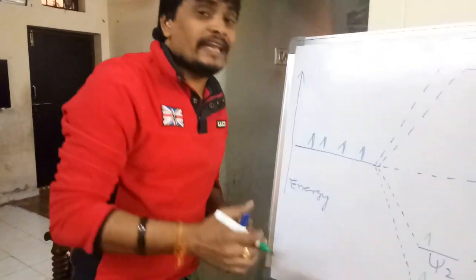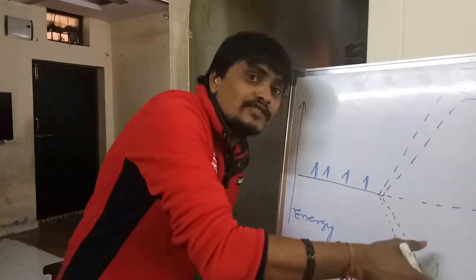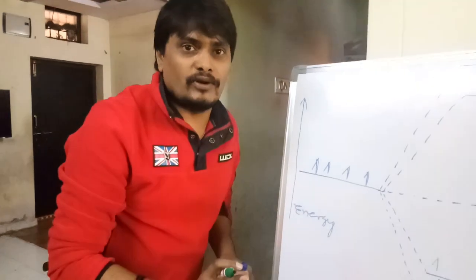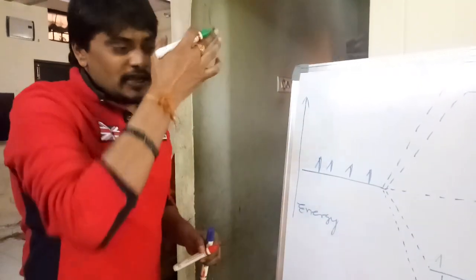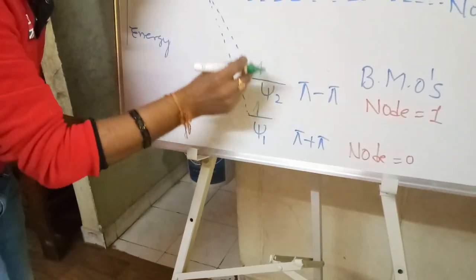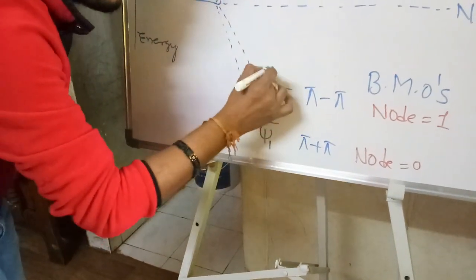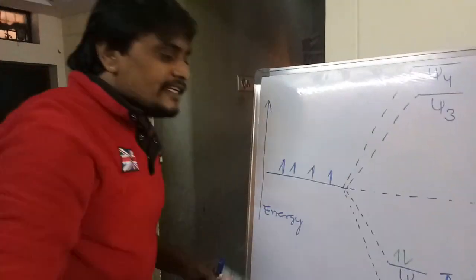According to Hund's rule, pairing does not take place until each and every orbital is filled with 1 unpaired electron. So accordingly, we are accommodating 1 electron in psi 1 and another electron in psi 2, right? Now what we have to do? We have to pair up. Now psi 1 and psi 2.